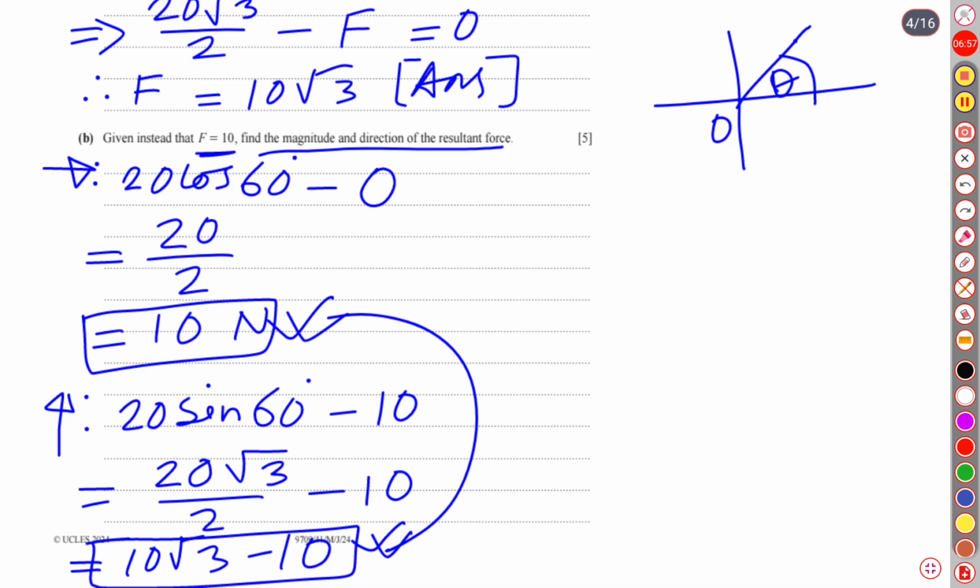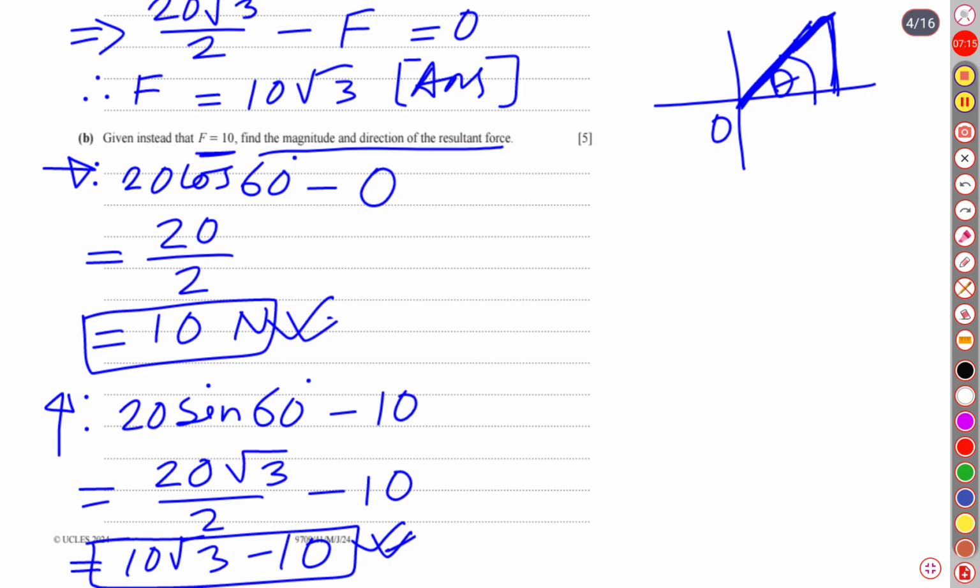Okay, so let us find the magnitude. If this is our magnitude, how to find it? Let's draw a triangle. So the magnitude is nothing but the hypotenuse. How can we find this magnitude? We will apply the concept of the Pythagorean theorem.